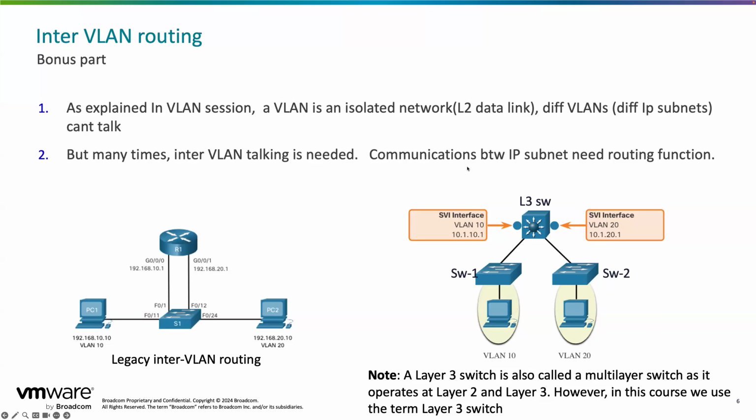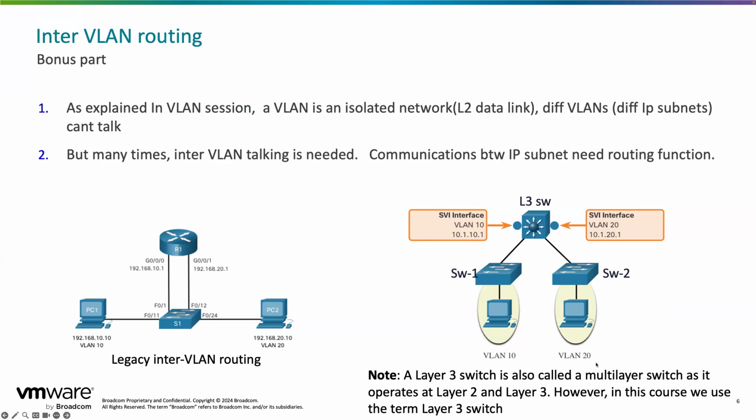So you have to use VLANs to separate them, and also give a distinct IP subnet for every VLAN. But the different teams or departments need to communicate with each other. So that's why we have to leverage inter-VLAN routing.